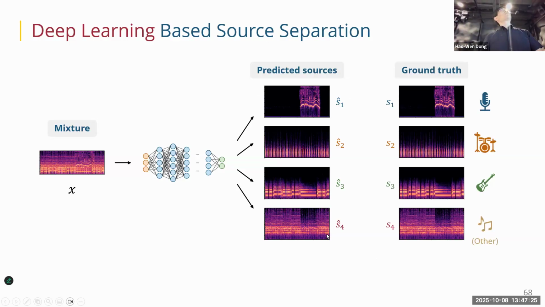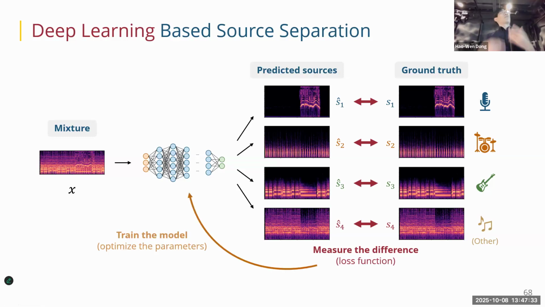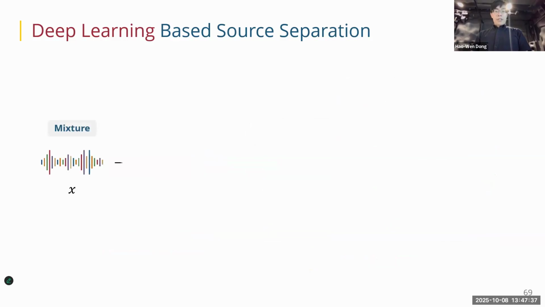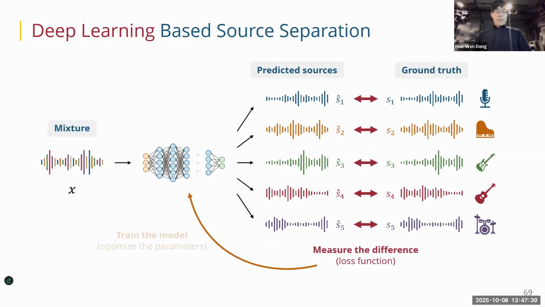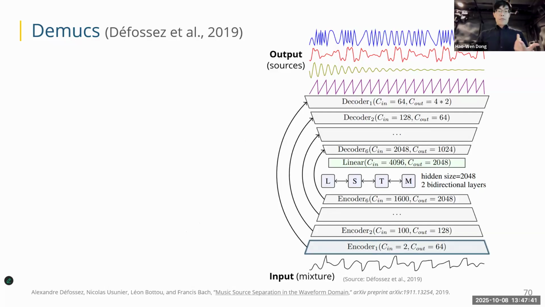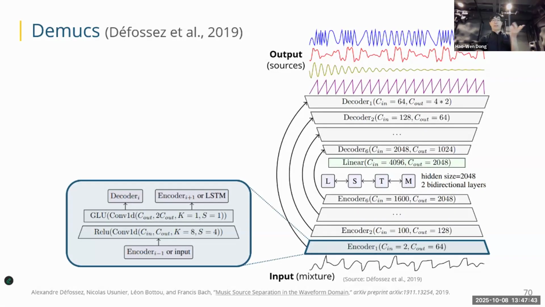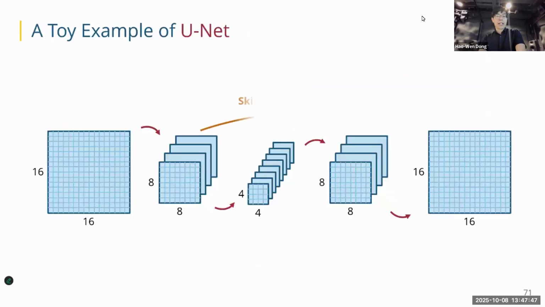Of course, when we start, these will be really bad. But over time, hopefully we can measure the difference and improve over time. And that's what we mean by training the model. Cool. So this is the thing we will look into. But before that, we need to understand what a convolutional network is working on.